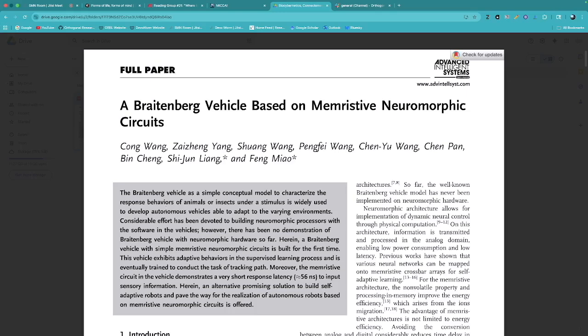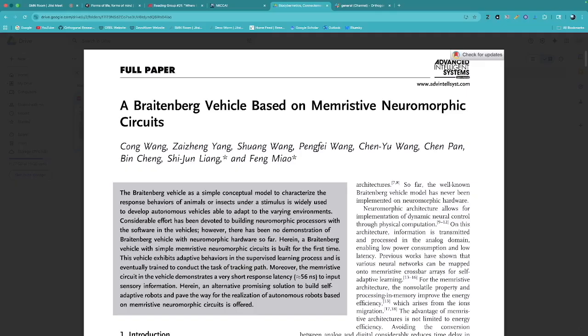However, there has been no demonstration of Braitenberg vehicles with neuromorphic hardware so far. So people have actually tried to build neuromorphic processors with software, but they haven't demonstrated it with hardware. So herein, a Braitenberg vehicle with simple memristive neuromorphic circuits is built for the first time.